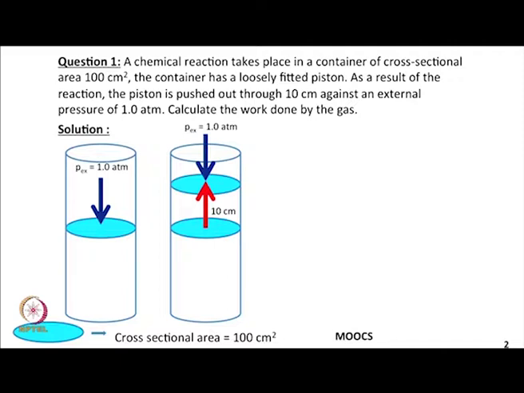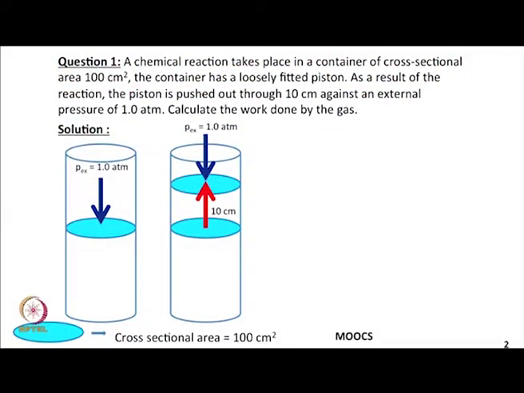So, how do we approach this question? First, let us try to identify whether the conditions given to us are reversible or irreversible. Please note that the piston is pushed out against an external pressure of 1 atmosphere. The external pressure is fixed. Therefore, the process is irreversible, it is not reversible.